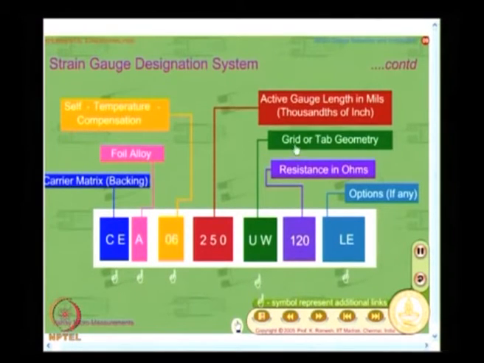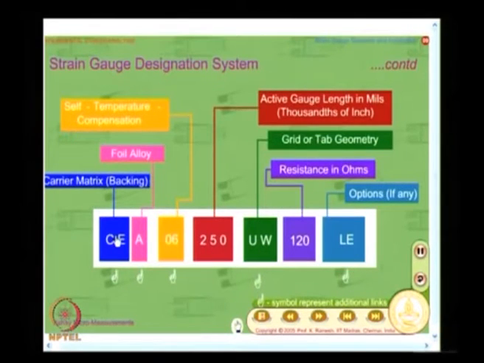You need to have the tabs at a particular orientation. Then you have resistance in ohms. So, when you look at the designation, you will know whether you are talking about 120 ohms or 350 ohms, and finally, you will have options. And we will see some of these parameters.